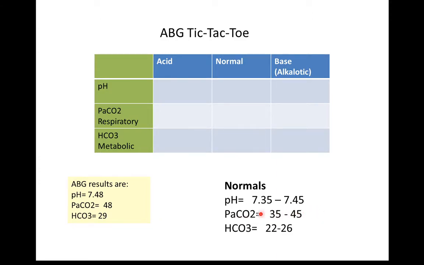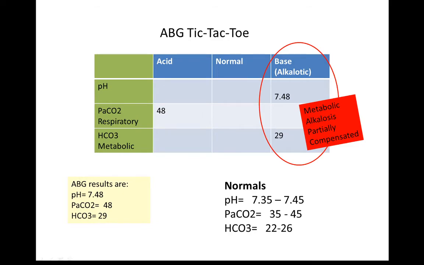More CO2 is more acidic. So in this column, I want you to write 48. And then the bicarb is 29. We can see that 29 is higher than the normal range, so we're going to write 29 right here.